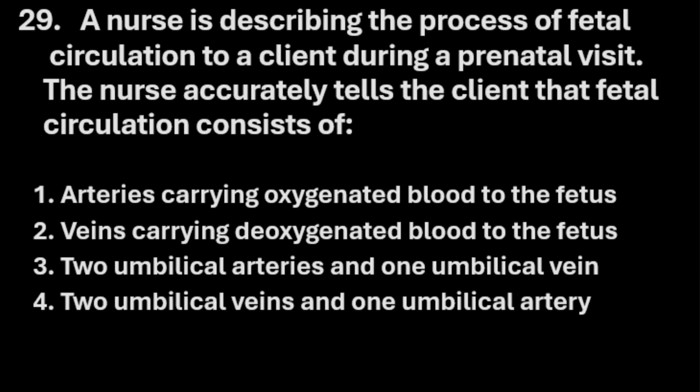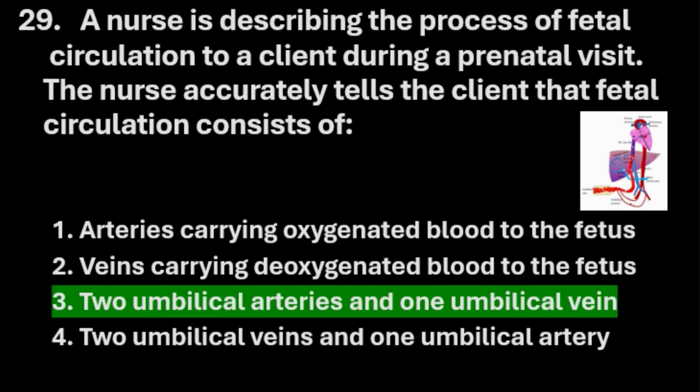The right answer is option 3, 2 umbilical arteries and 1 umbilical vein. Remember: 2 A, 1 V.